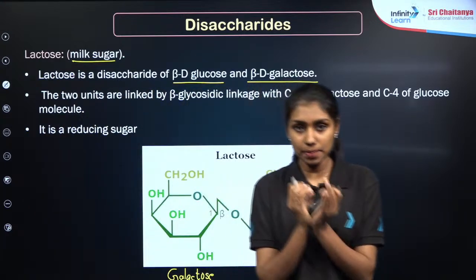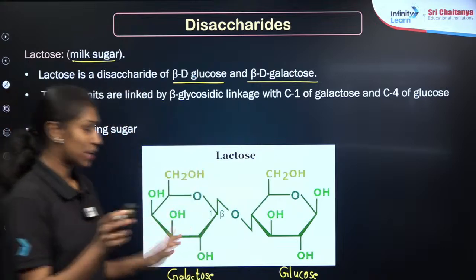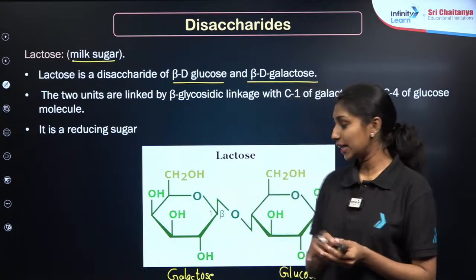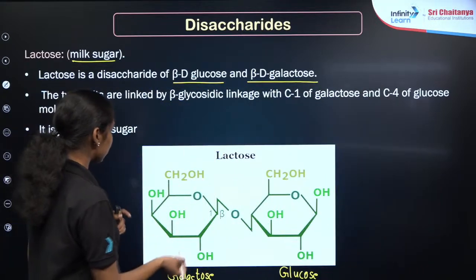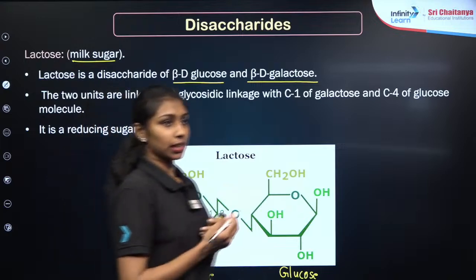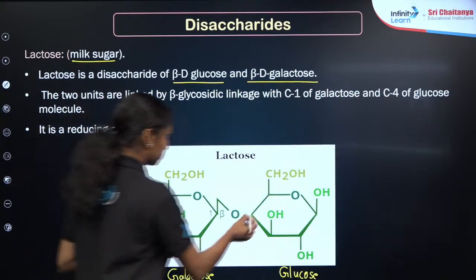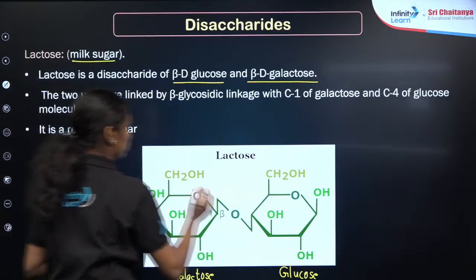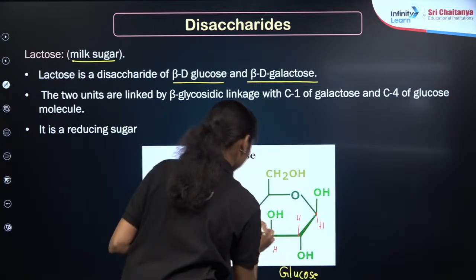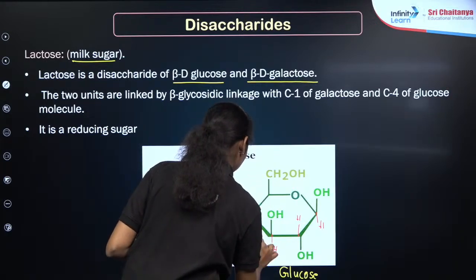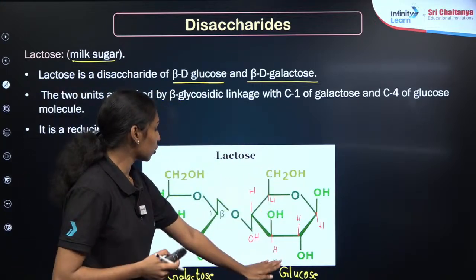Galactose and glucose are similar molecules having the same chemical formula. The only difference is that galactose has a change in the position of OH and H at the fourth position. Okay, this is our glucose given here.